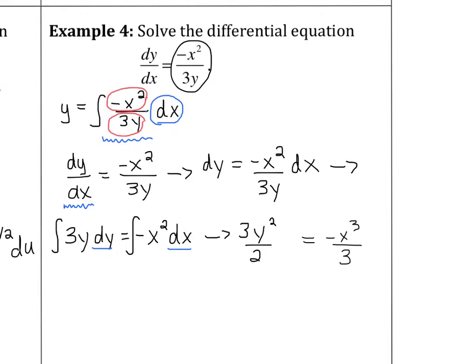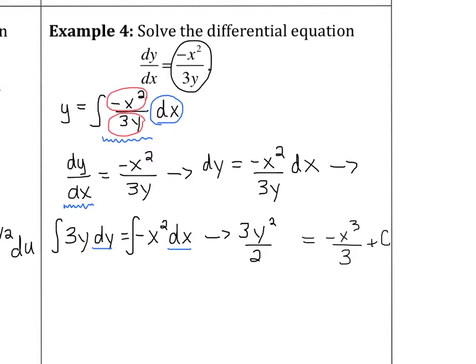Now, I've deliberately glossed over some things in previous examples, and I want to address that now. Obviously, anytime we take an antiderivative, we need to add a constant of integration, and I've just been putting it over here with the x's, plus c. That's what we're used to. But technically, there is a constant on the left-hand side as well. When I take the antiderivative of 3y, I get 3y squared over 2 plus some other constant.